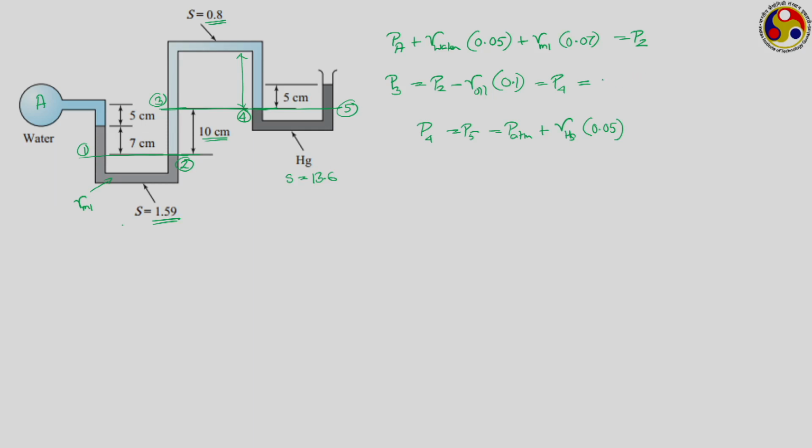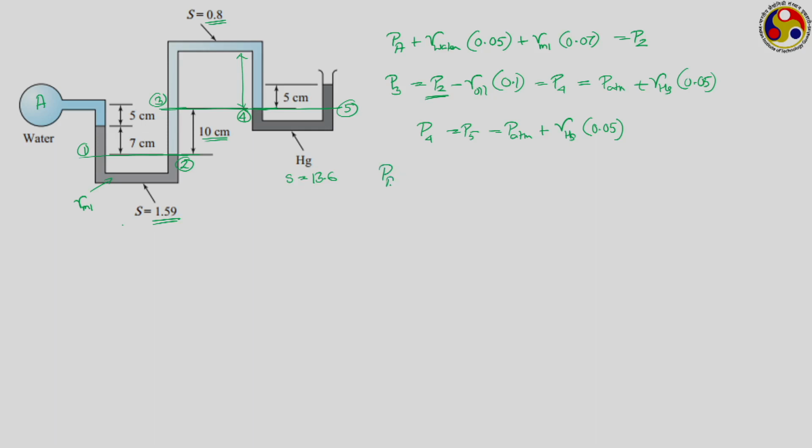So, this we can take back here as atmospheric pressure plus mercury column of this 5 centimeter. So, if we combine all of this, replace P2 in this equation in terms of the first.